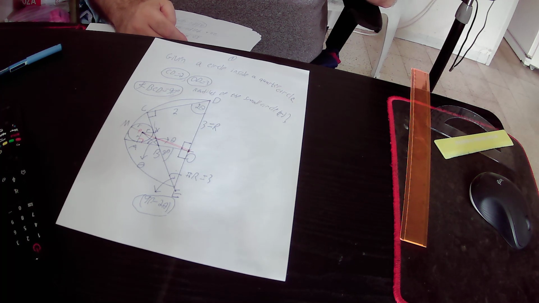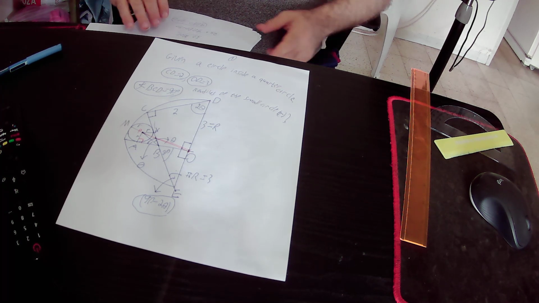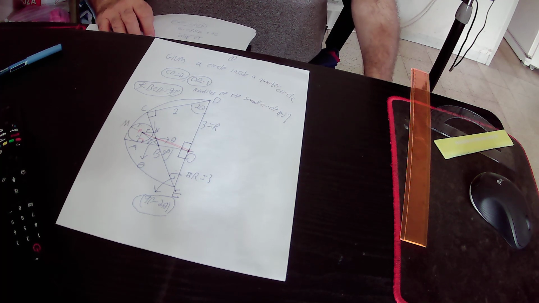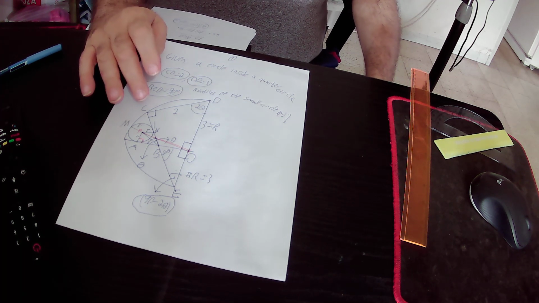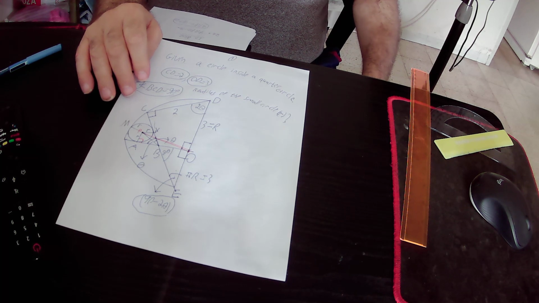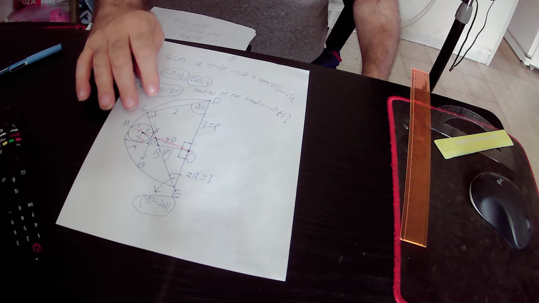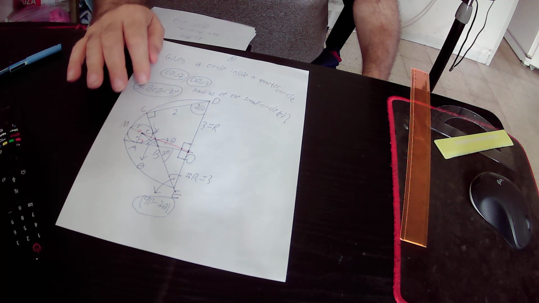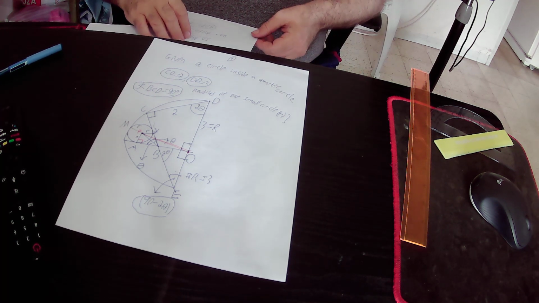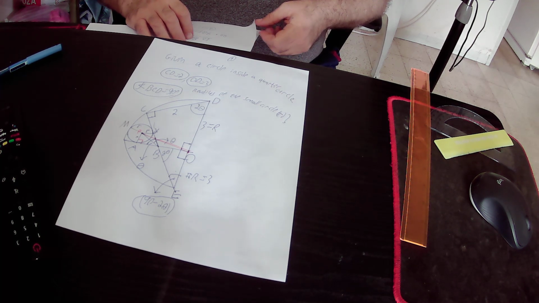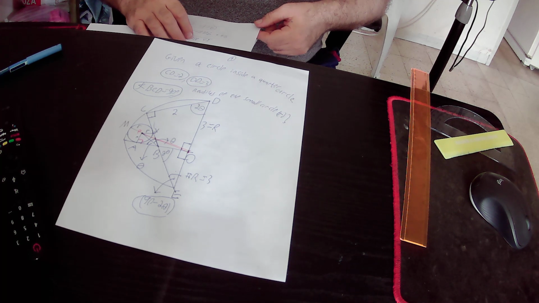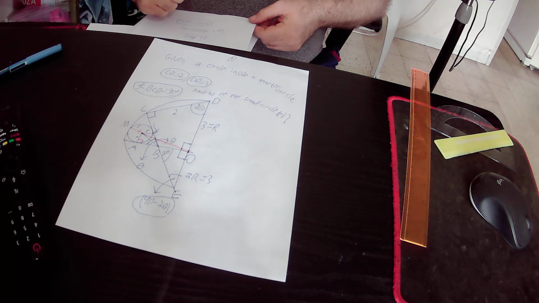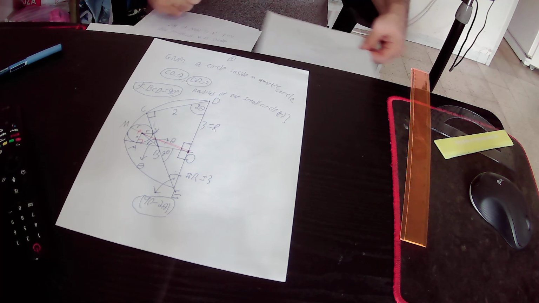Actually, angle DCE equals 90 degrees. This angle, angle DCE, is a peripheral angle, and we have a rule that any peripheral angle that equals 90 degrees must rest on the diameter of the circle.